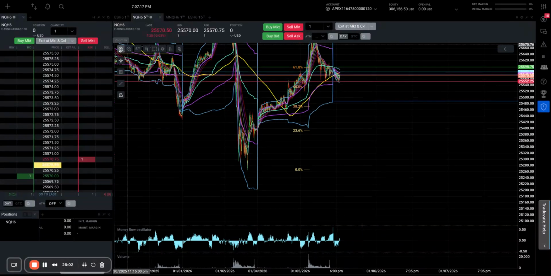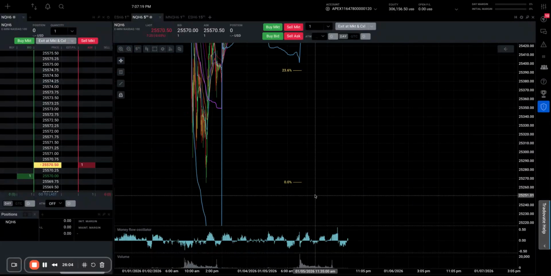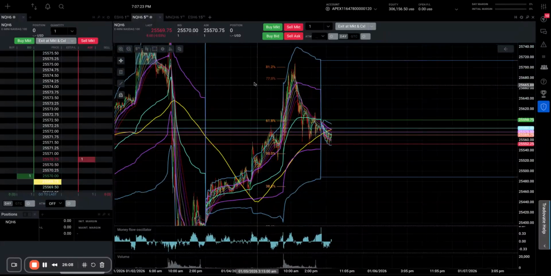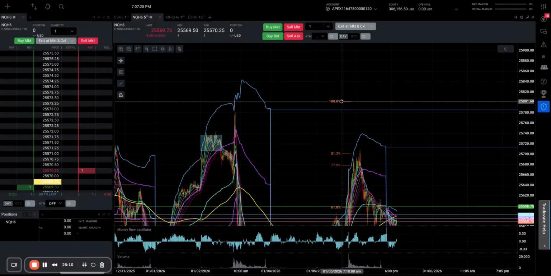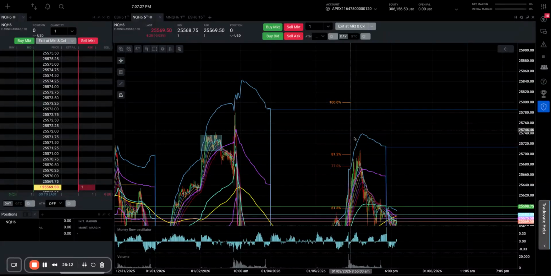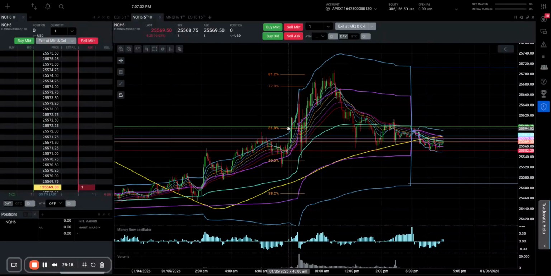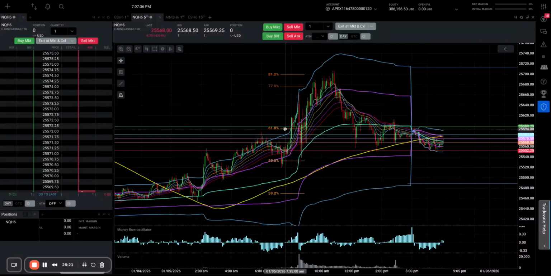Let's zoom in to make sure we're on the right spot. Yeah, right there. Right here. Now look. Hit the 61.8. This is a very important area right here.